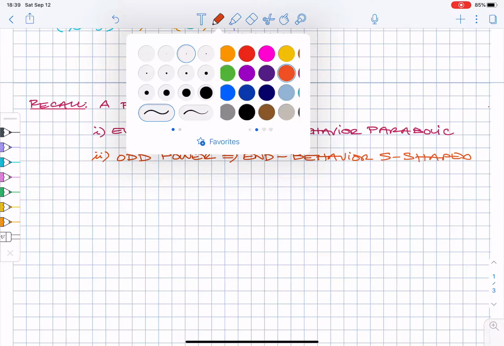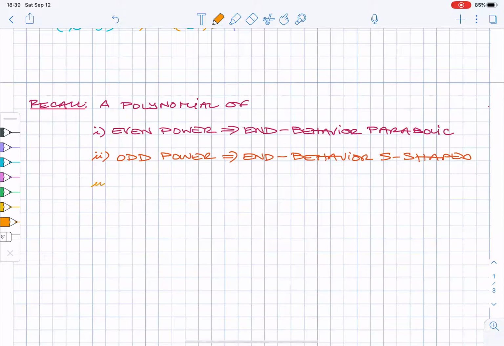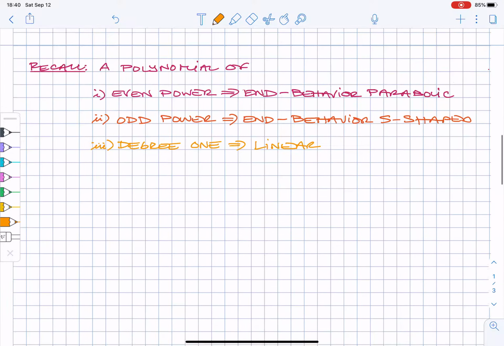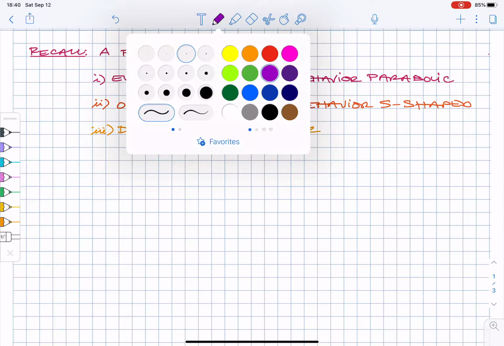So let's call that number 3, degree 1. If the power is just 1, this is linear. Period. There is no variation. It is just linear.